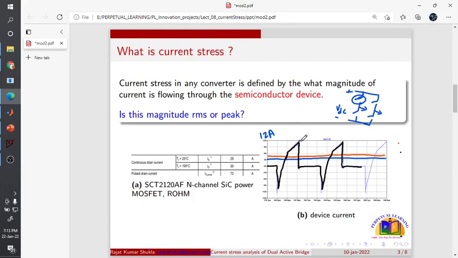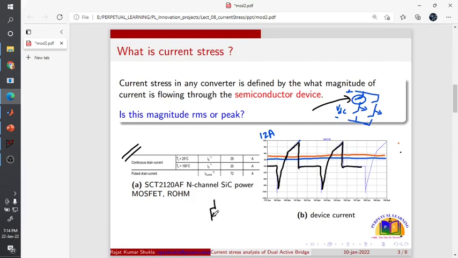If you look at the data sheet of the device you are using, let's say I have used a MOSFET in place of one switch, and that MOSFET is gallium nitride type. Here you can see a small portion of the data sheet showing the continuous drain current.